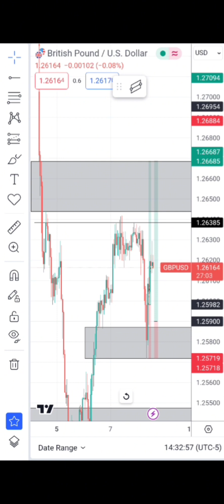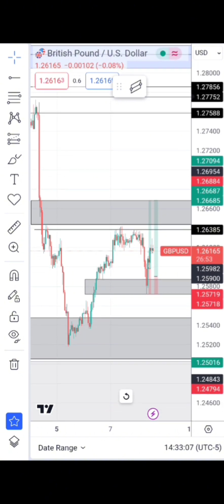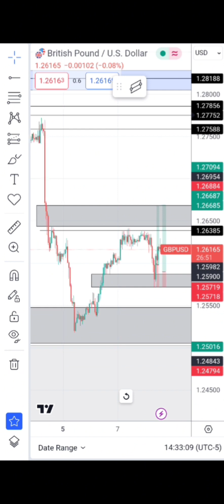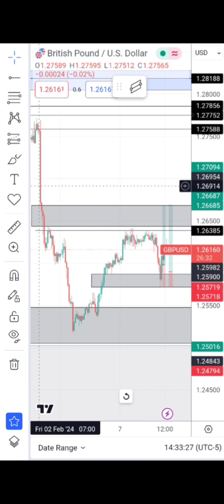So the pools of money resting at and above that area is one of the reasons I am looking forward to seeing GBPUSD pushing higher. So I would love it to push as high as the 1.27595 area and then reverse and head lower. That will give a better RR.